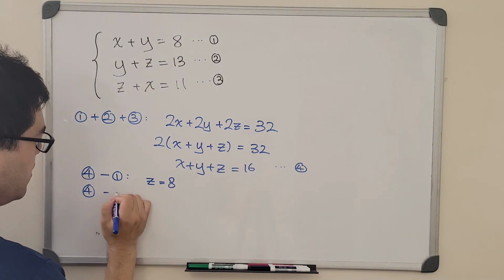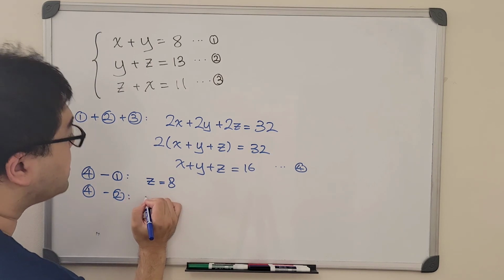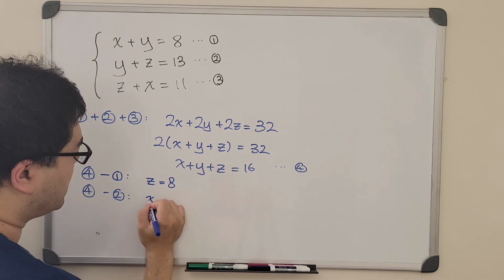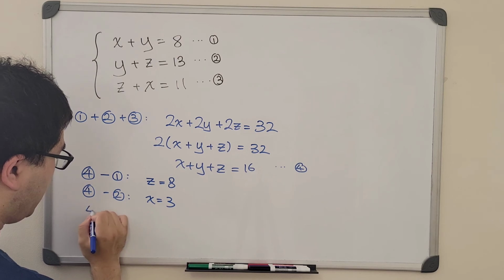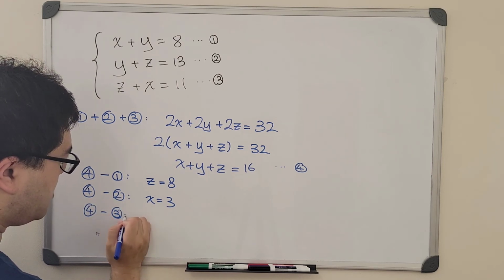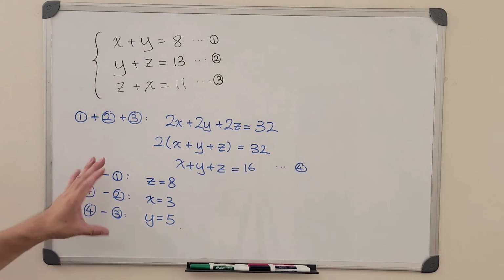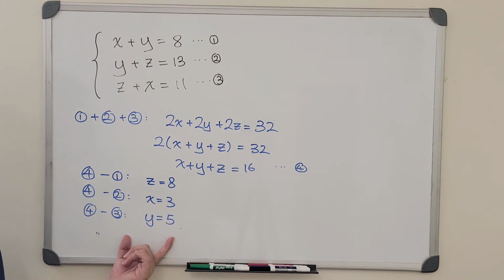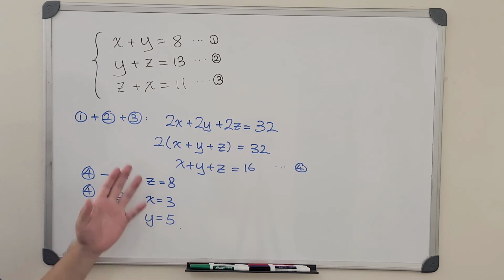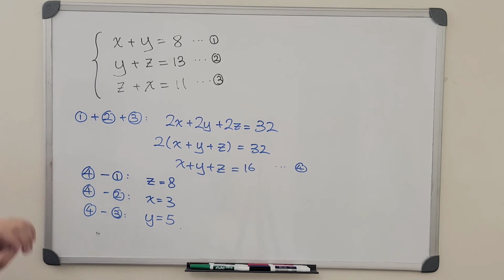And with the same argument, we can get x equals 3 and y equals 5. And again, we see that the solution set that we just got is the same as the answers that we found from the first two methods.